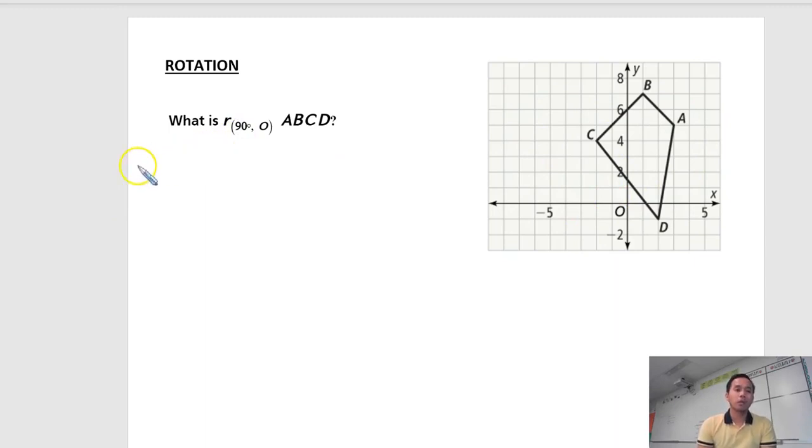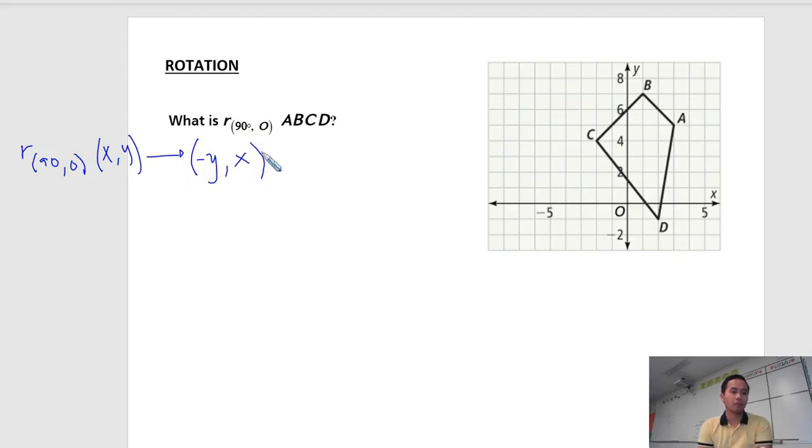The rotation rule for 90 degrees about the origin is that you switch your x and y, and then your y will become negative. So these are the rules that we have to follow.